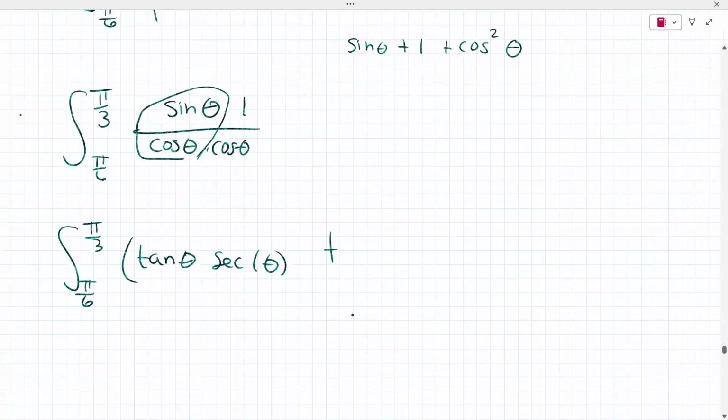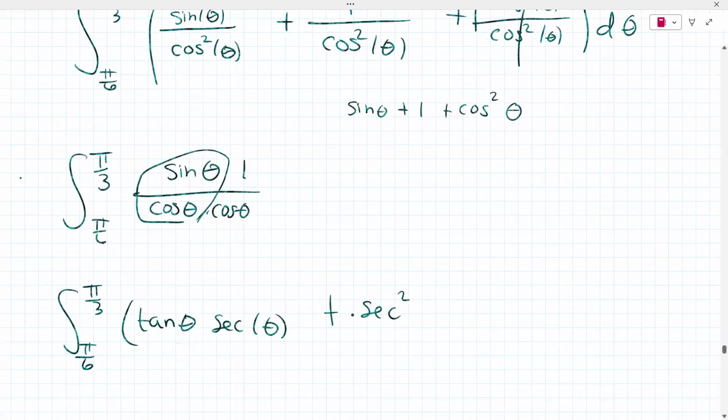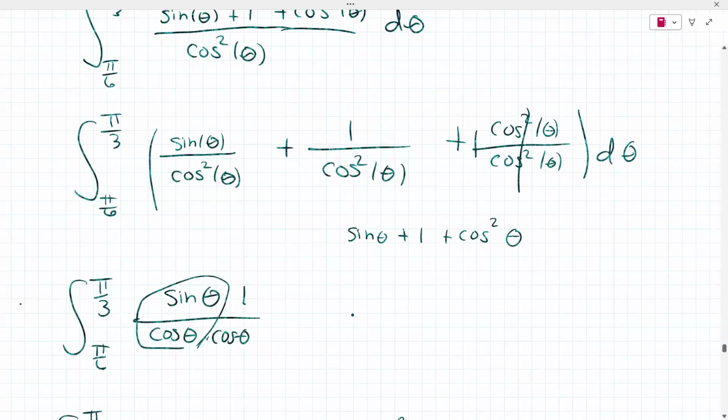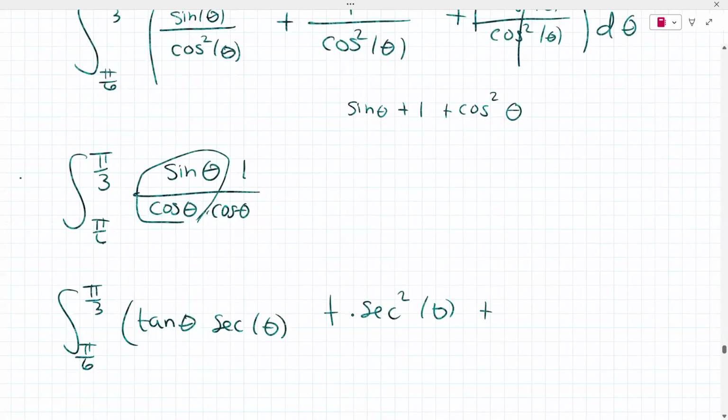So and then don't forget you have a secant square theta. Yeah, you have an extra secant square theta. And then don't forget you have this plus 1 here. Now you have this.